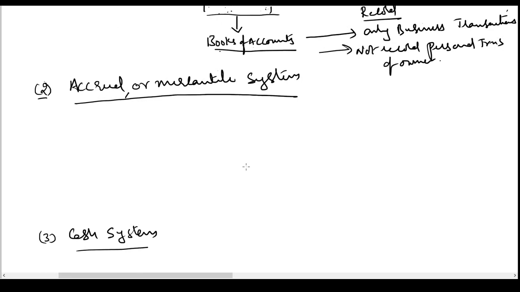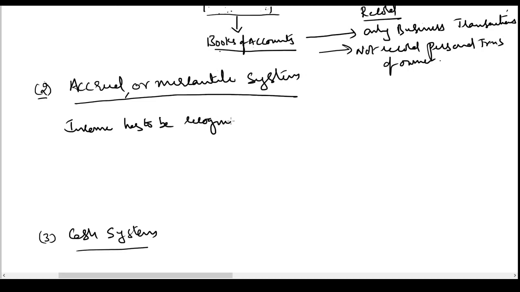Next, accrual or mercantile system of accounting. Now what is this accrual or mercantile system of accounting? As per accrual or mercantile system of accounting, income of the business has to be recognized.